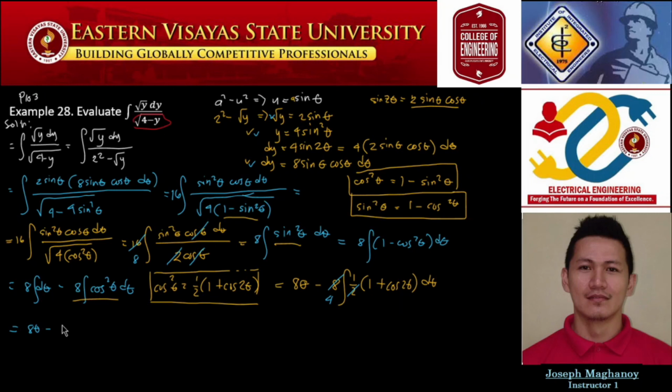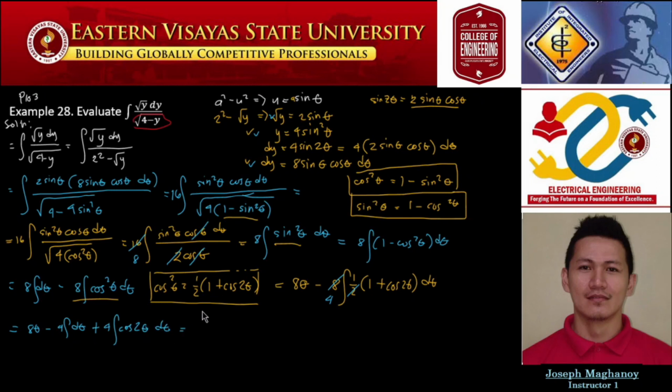So that is 4 integral of d theta, applying our property number 1 here in our second term. Our second term will be broken into 2 terms again. So that is 4 theta plus 4 integral of cosine 2 theta d theta.